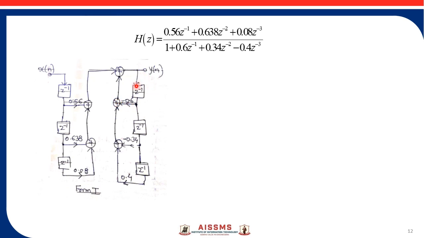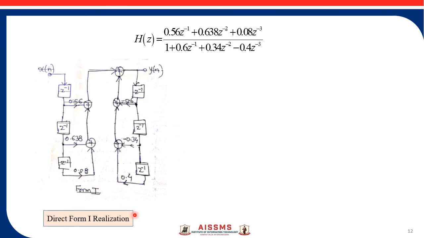So y of n when passed through z raised to minus 1 gives y of n minus 1 multiplied by minus 0.6 because it is in the feedback path, plus y of n minus 2 into minus 0.34, plus y of n minus 3 into 0.4, because the coefficient has a negative sign, so the negative of it is 0.4. Add all these terms and you get the output y of n.